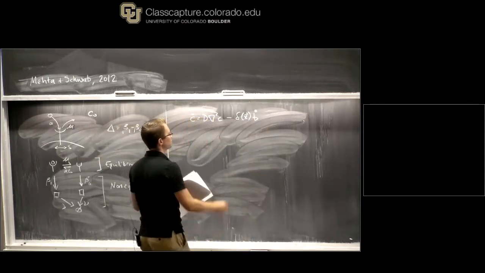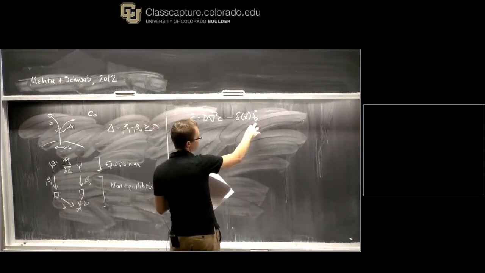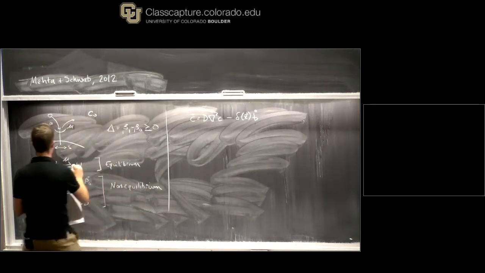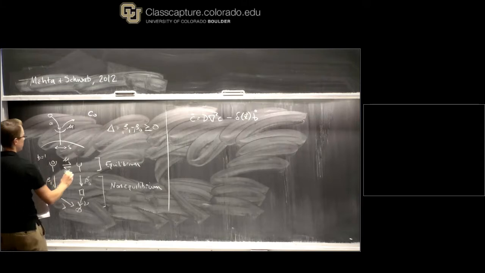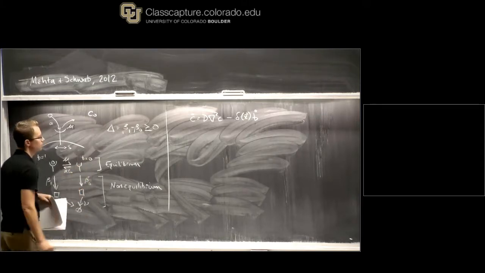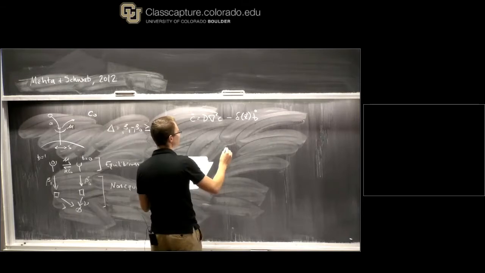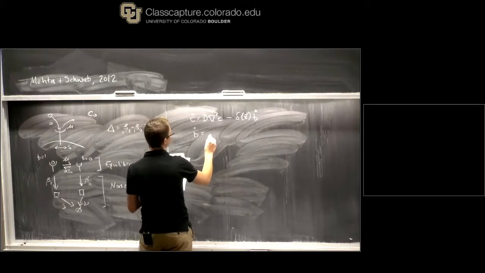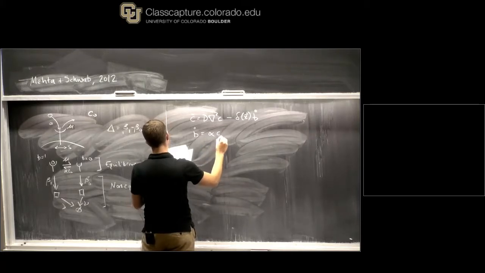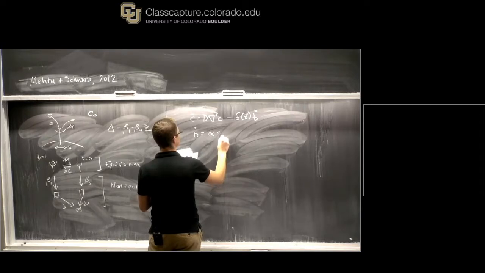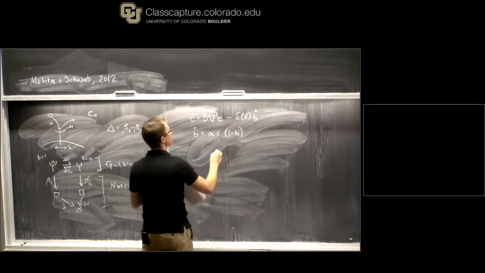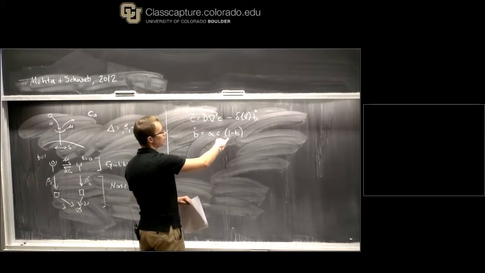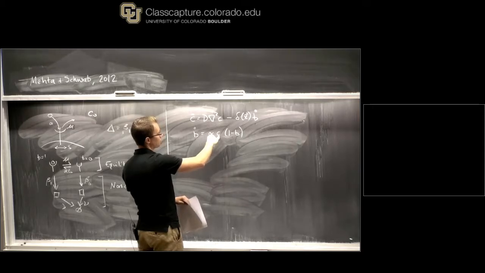The source and sink nature will be described by some binding variable, right? So let's say when it's bound, B is 1. When it's unbound, B is 0. And so the dynamics of B are alpha times C times 1 minus B. So this says that the receptor can be bound if it is currently unbound, and it's bound with a propensity proportional to the concentration.